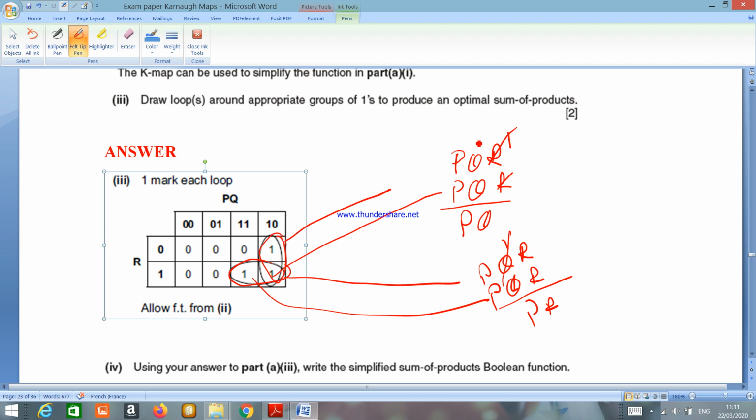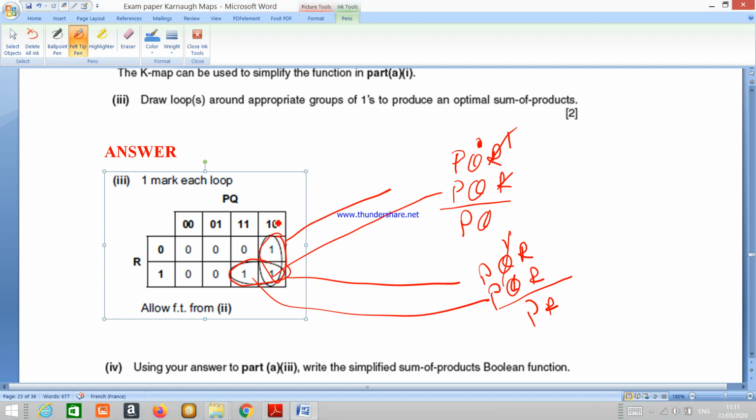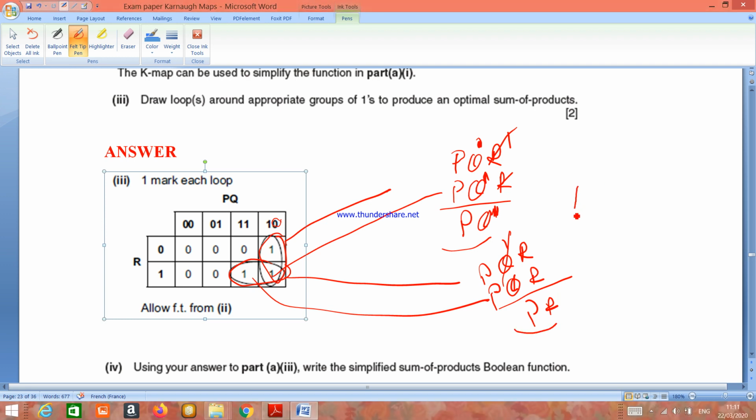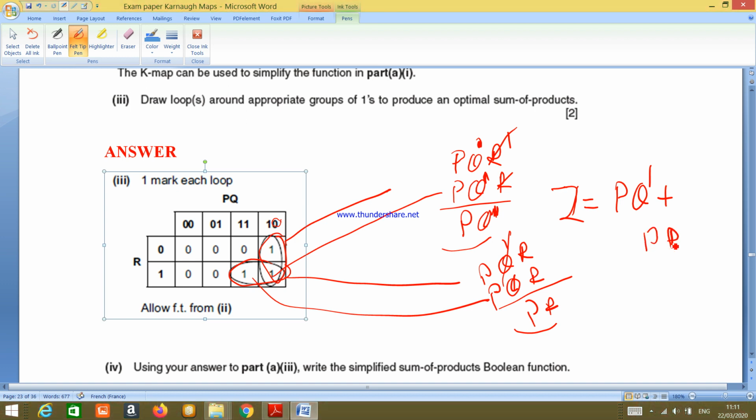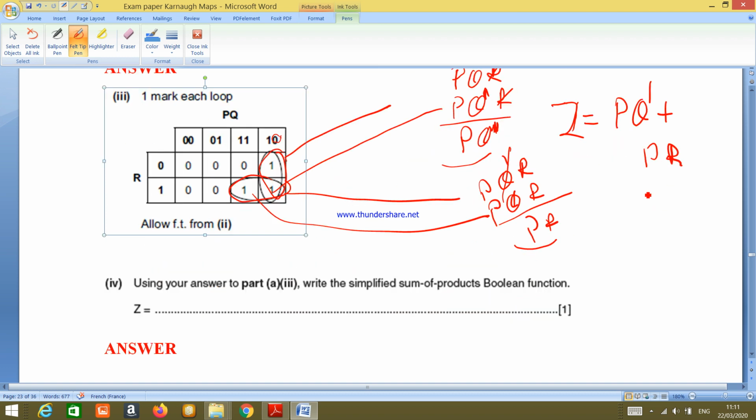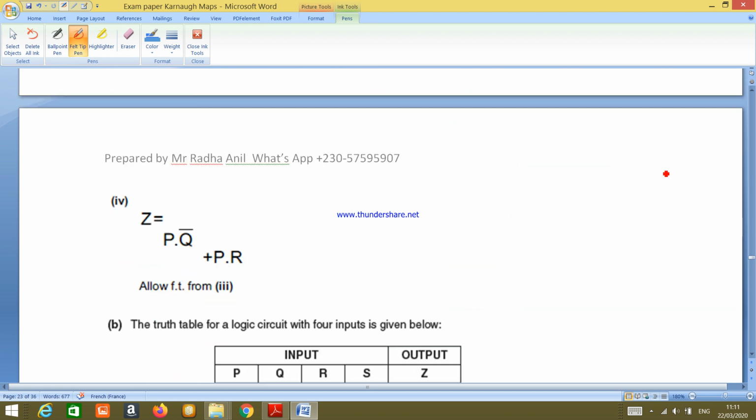This is Q dash because Q is 0 here, and here also Q is dash. So the answer will be Z equal to P Q dash plus PR. Okay, we are done with it now.